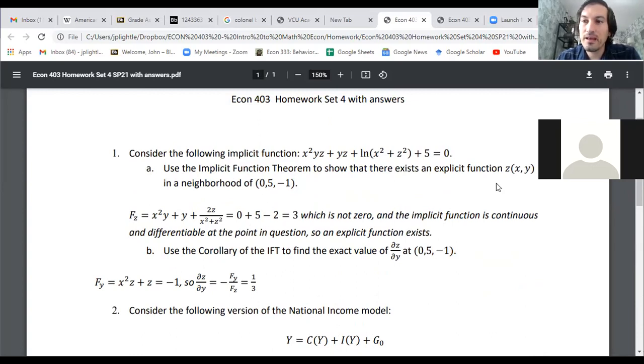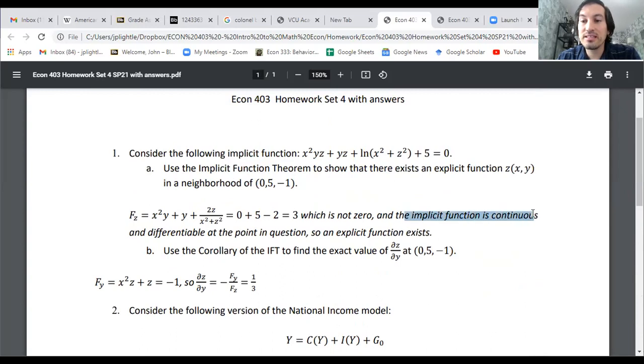but I wanted you to say something more, and that is, I wanted you to say the implicit function is continuous and differentiable. You can really just say differentiable at the point in question. So at this point, 0, 5, -1, this function here is perfectly differentiable.